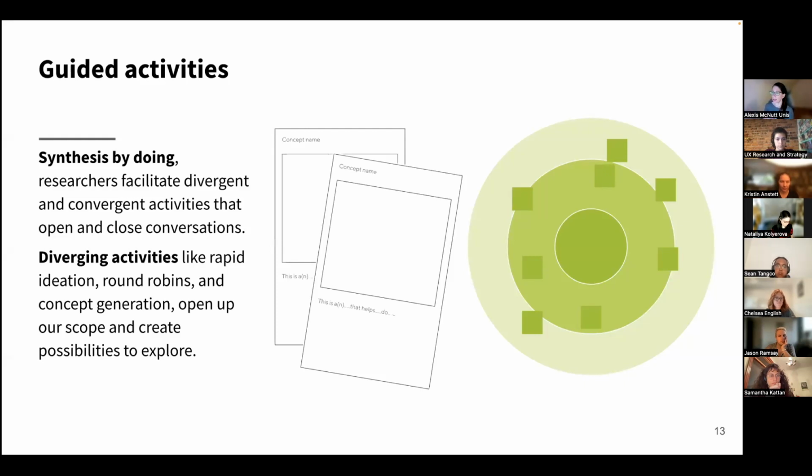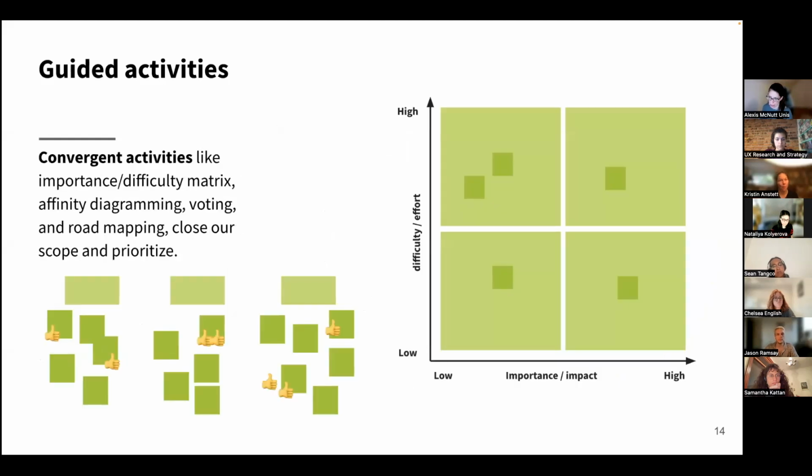So you want to think about activities like rapid ideation or round robins, concept generation. They're going to be opening up your scope, creating possibilities to explore. And then you have those winnowing activities where you're converging on things. You're using an importance difficulty matrix, you're doing affinity diagramming, you're voting, you're creating a roadmap, you're scoping and prioritizing the things you agree on.